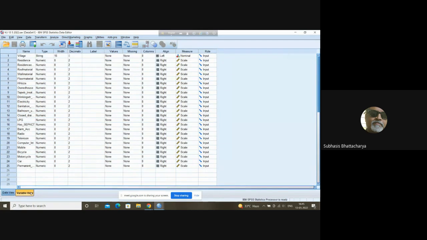These are the variables. So number of households having banking service, radio, transistor, television, computer, internet, mobile, bicycle, scooter, car, and the permanent resident or not.